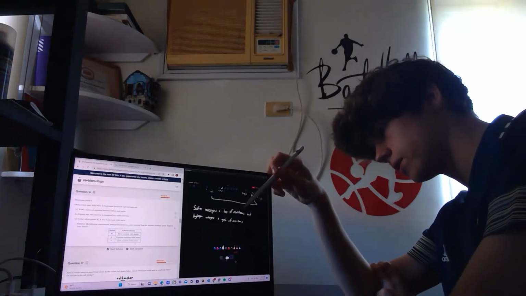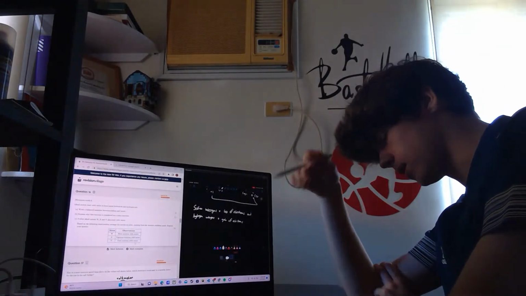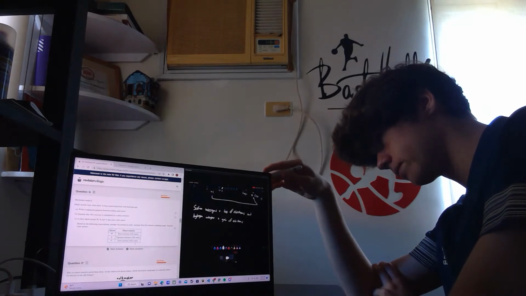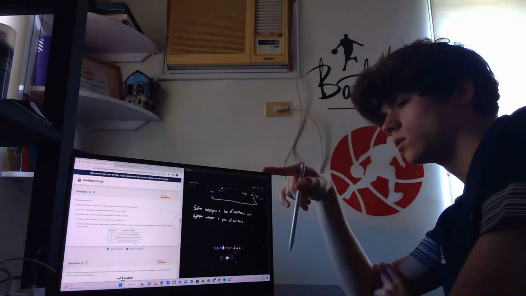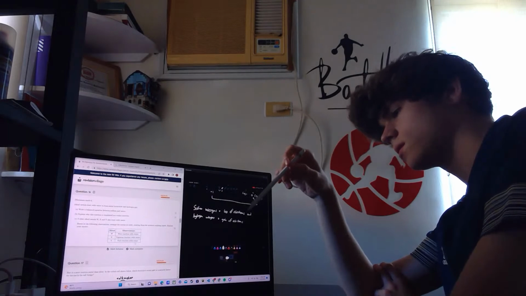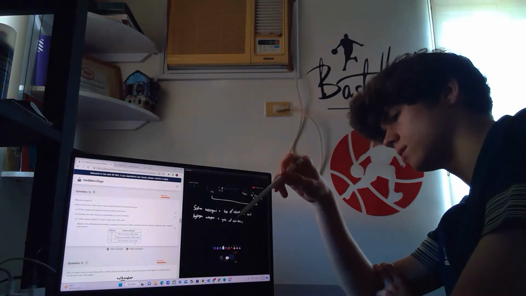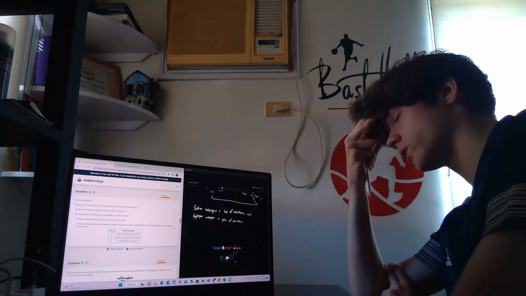Sodium undergoes a loss of electrons, indicating that it's LEO goes GER. So this is oxidation. Hydrogen undergoes reduction.